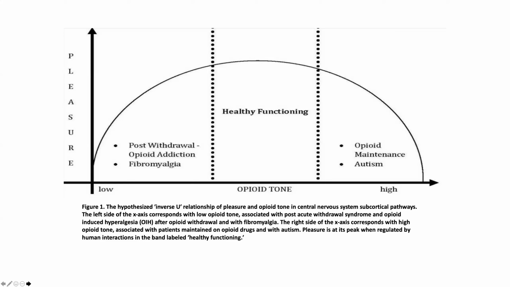And when I saw this, and as many individuals I see with opioid use disorder, it started to really make sense of how we begin to look at the low opioid tone individual and the high opioid tone individual, and how that would relate to the treatment. How do we take one back to healthy functioning? How do we move one towards healthy functioning?